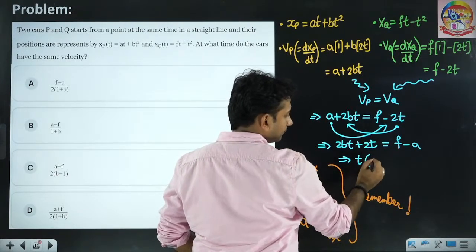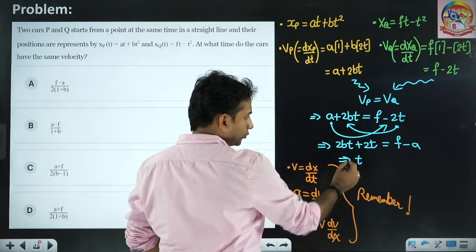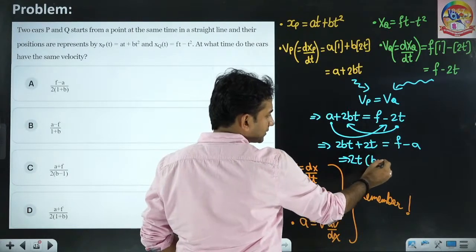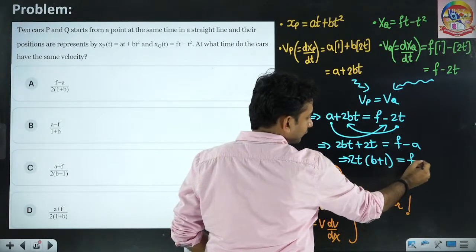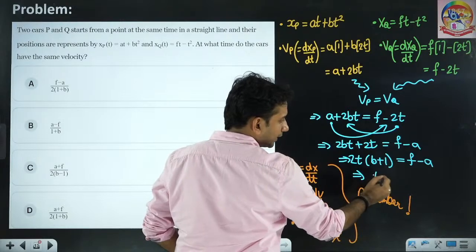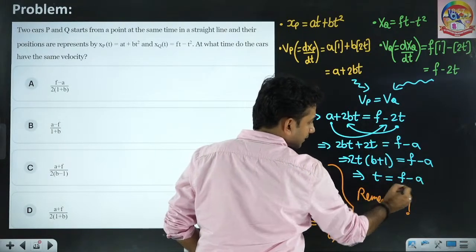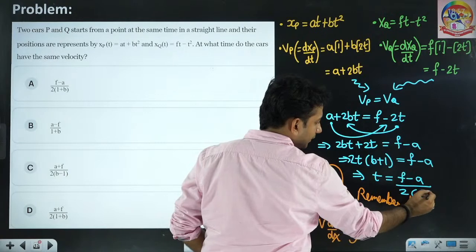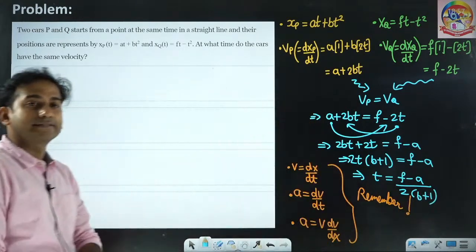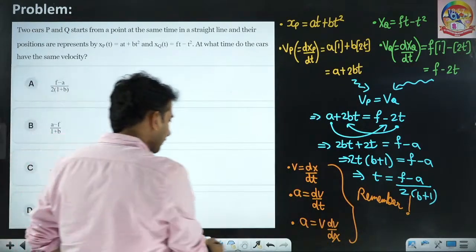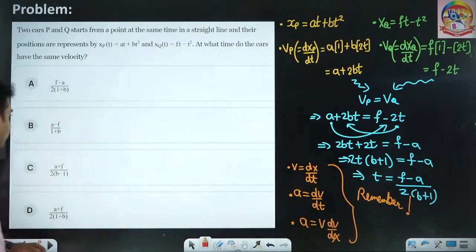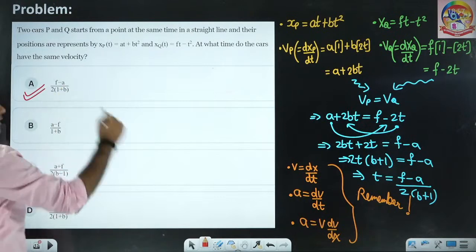From here 2t can be taken common, that is 2t times b plus 1 equals f minus a. So the time you are getting is f minus a by twice of b plus 1. Let's see if any option like that is there. f minus a by twice of b plus 1. See, option A is absolutely correct.